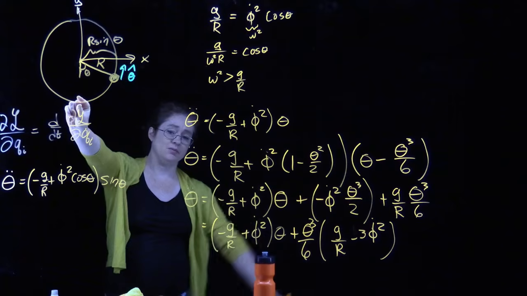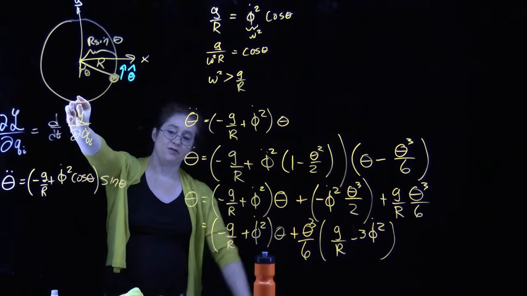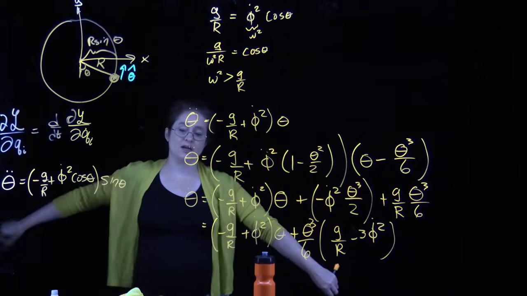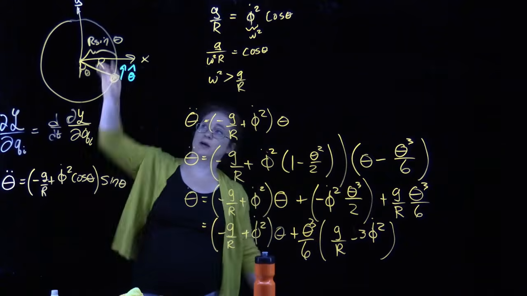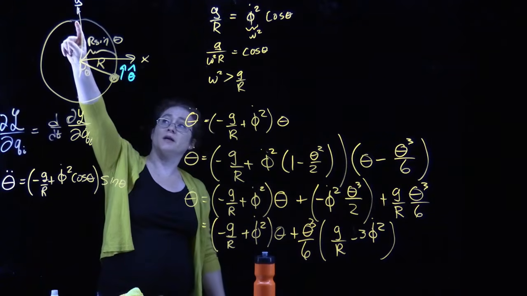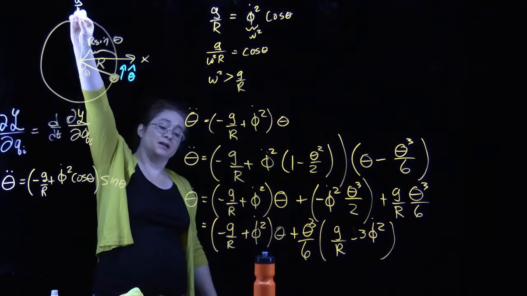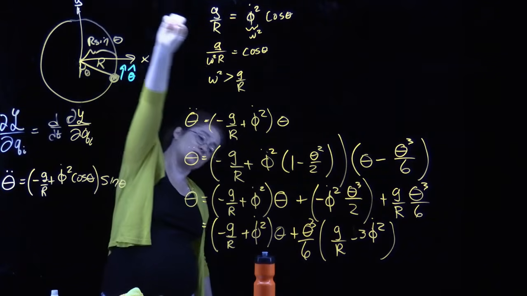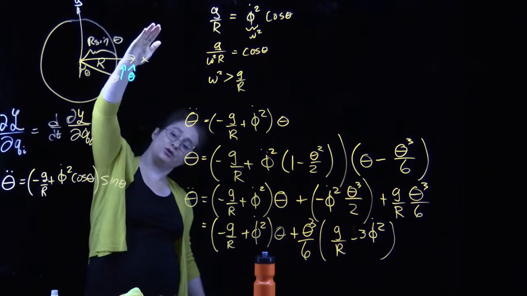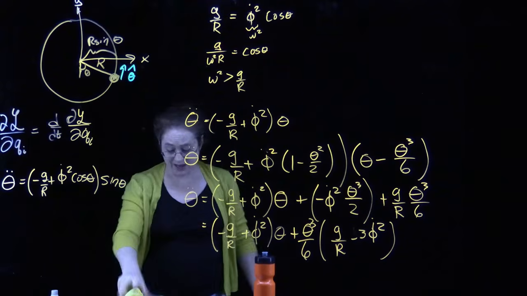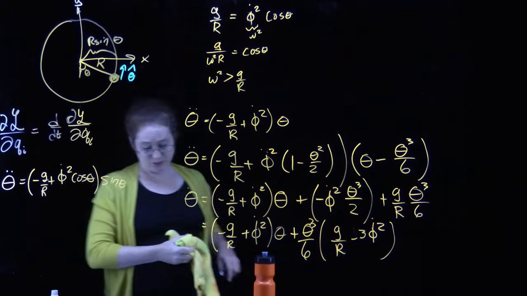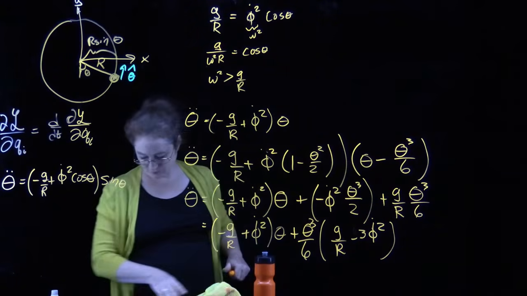If I'm on this side, it's going to push it this way. If I'm on the other side, it's going to push it the other way. Whereas up here, it's going to push it more away. So this one is an unstable equilibrium point.